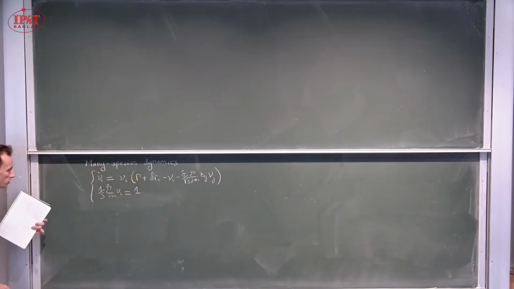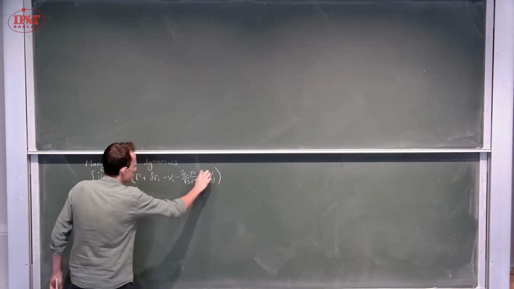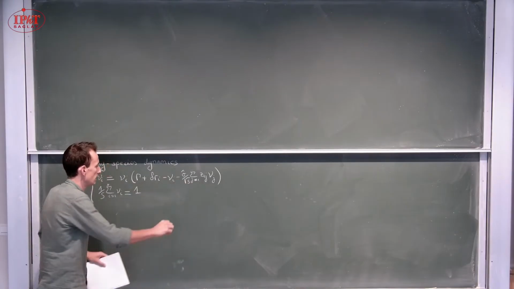And gamma is the Lagrange multiplier enforcing this constraint. So here we had taken this as the parameters for the interactions between the different species.